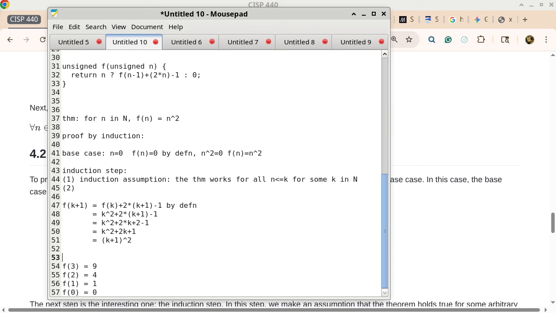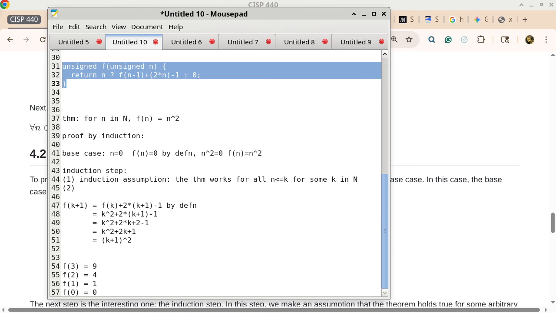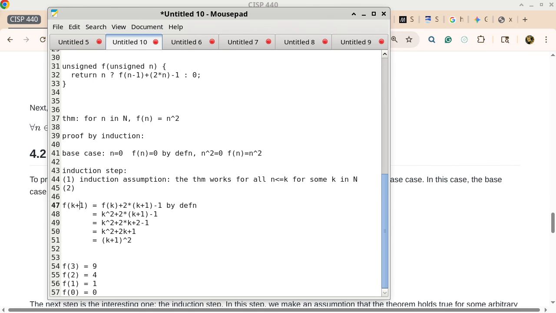The plugging in works only when you're dealing with the definition, but in the proof itself, it doesn't help you because we have already established using the induction assumption that the theorem is true for all n that are less than or equal to k.